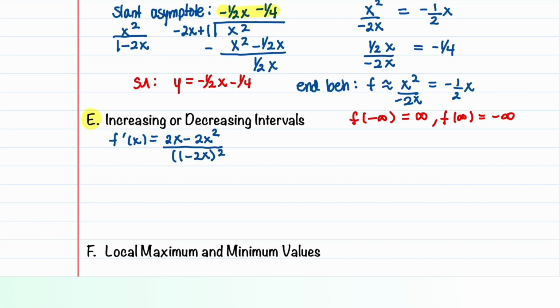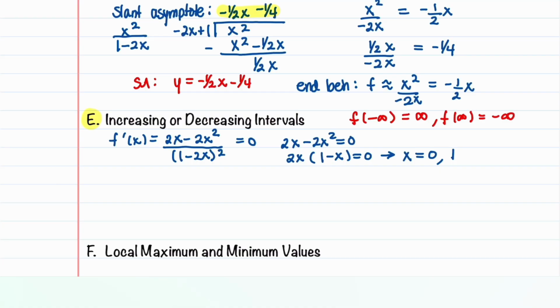We are going to set this equal to 0. So we have 2x minus 2x squared is equal to 0. We can factor out a 2x, and that gives us 1 minus x is equal to 0. So this tells us that x is equal to 0 and x is equal to 1.